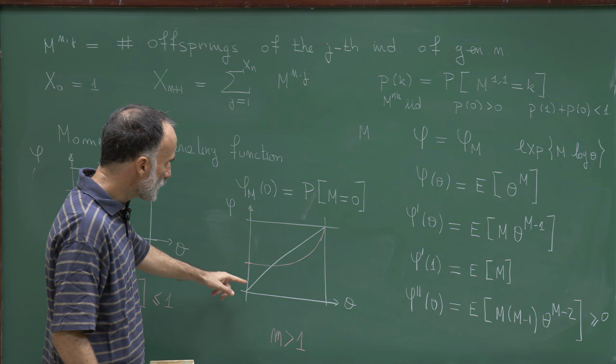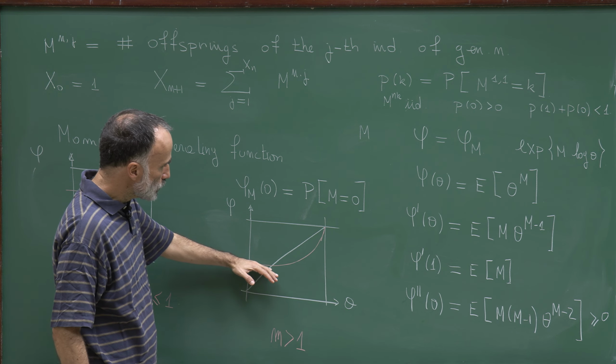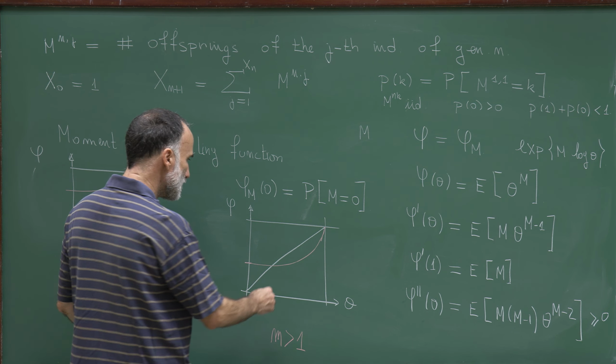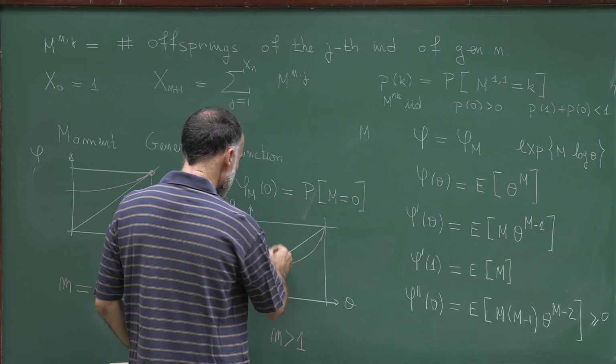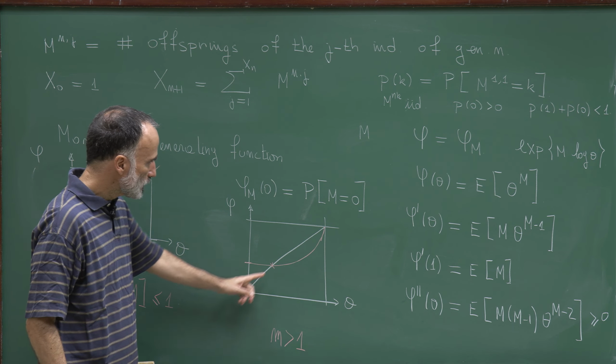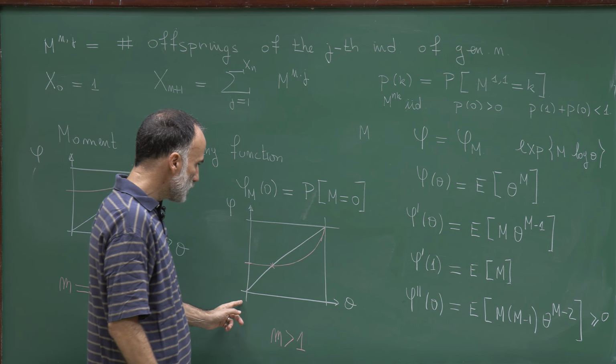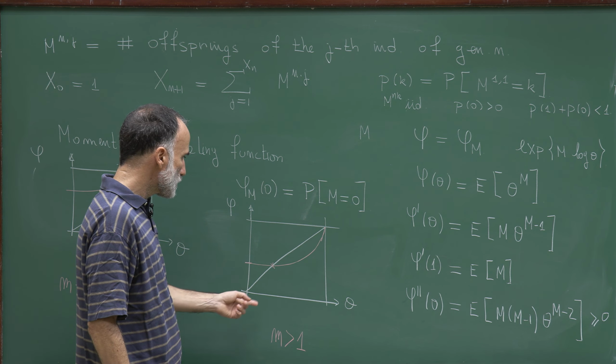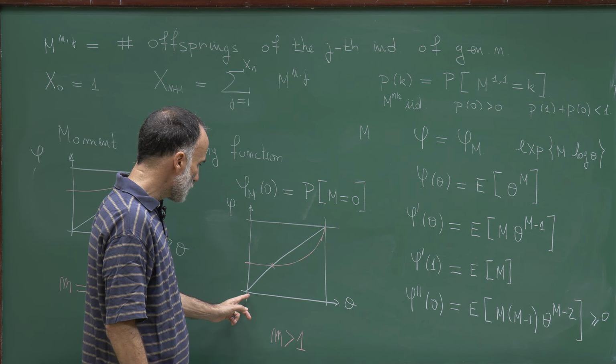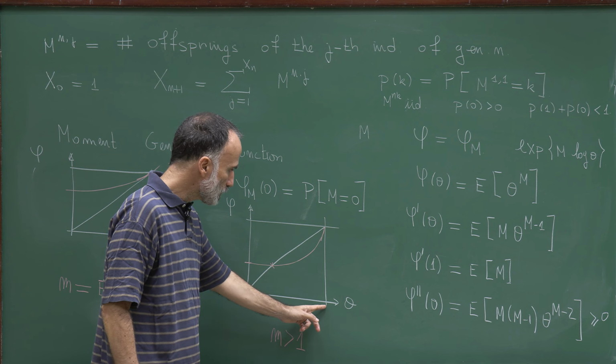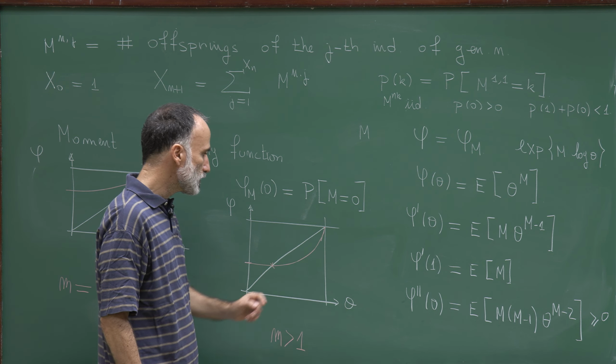But what I want you to prove using convexity is that phi crosses the identity in the interval 0, 1 at 2 points. One point which is strictly larger than 0 and smaller than 1, and the point theta equal to 1.